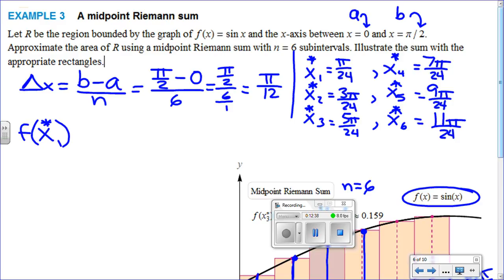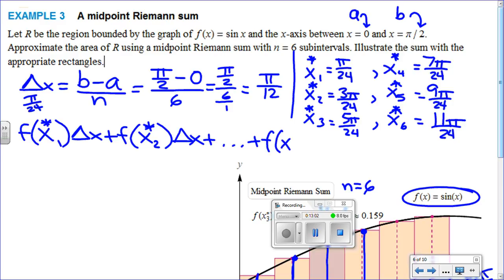Pi over 12, so we know it's delta x. I'm just going to leave it like that for now. We keep doing this, and don't worry, we're not going to write all of them. Let's write the second one, and then the very last one, which is the midpoint for the 6th rectangle.